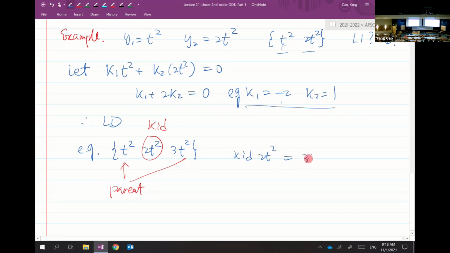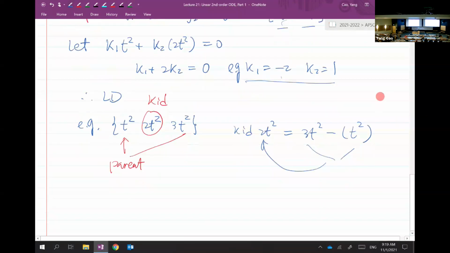You can see that 3t squared minus t squared, with this genetic operation, you create 2t squared. That's called dependent, right? So this is clearly a linear dependent set of functions using that kind of concept.